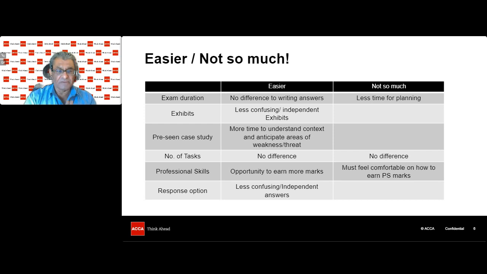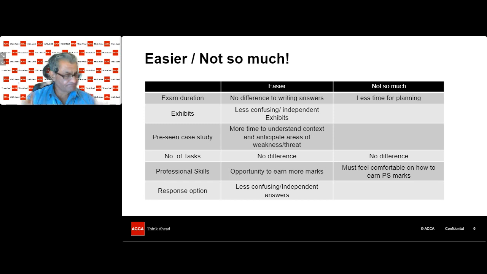With the new structure, they're much more independent, so most of the answer to any particular task will come from one particular exhibit. We like that. It just streamlines our thinking.